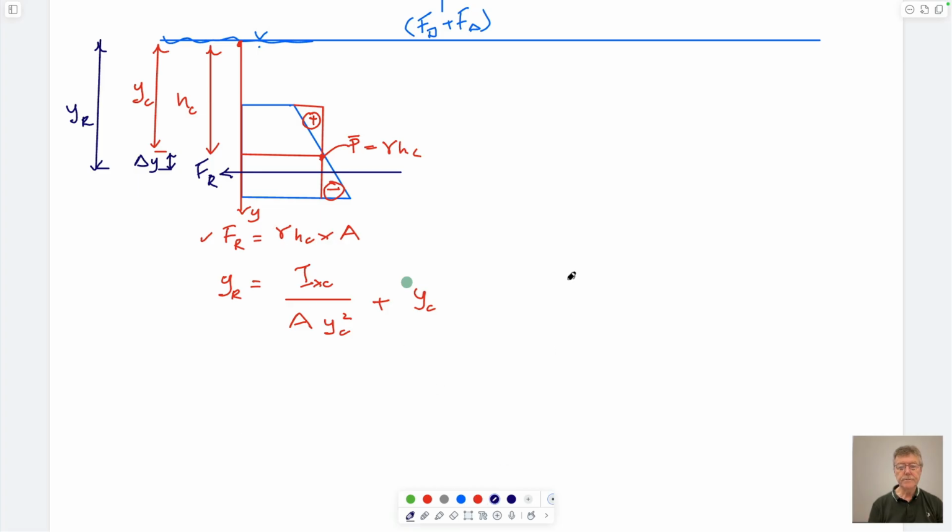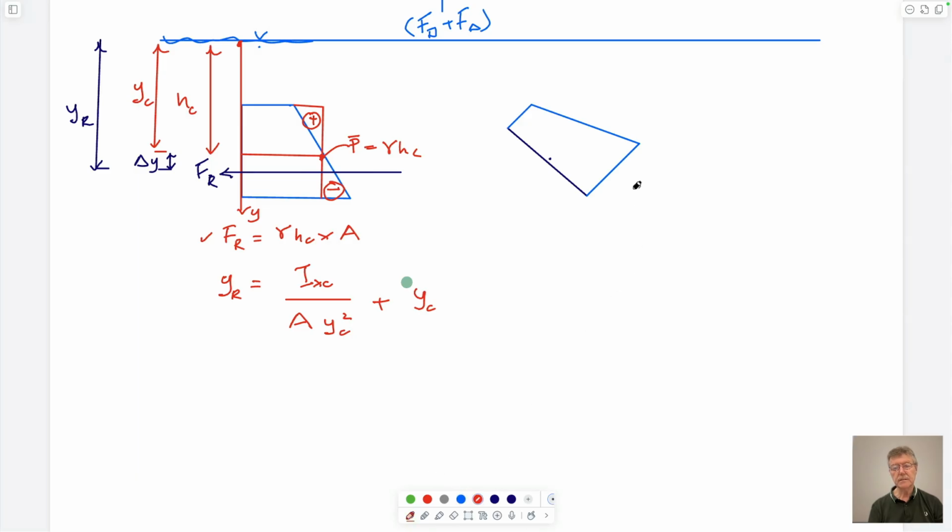So now I want to take the same plate and rotate it. If I rotate it and do exactly the same as before, then the pressure acting at this point will be equal to whatever this depth is. The pressure acting at the bottom will be whatever this depth is, and again, it's joined by those two.